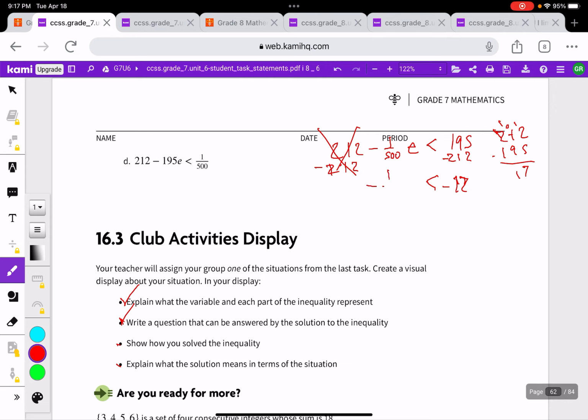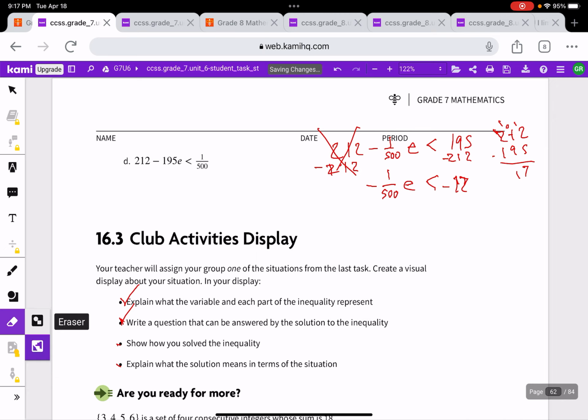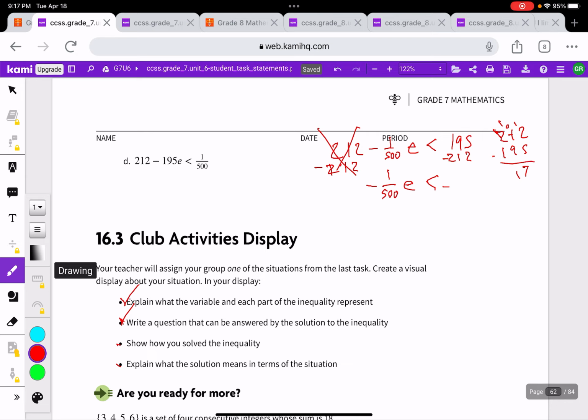And I have a negative 1/500 E. Now, let me make that a little clearer. So negative 1/500 E is less than a negative 17. Now, to solve this, I need to divide each side by 1/500. And it's actually a negative. Dividing by a negative, if you remember, means I'm going to have to switch the inequality sign.